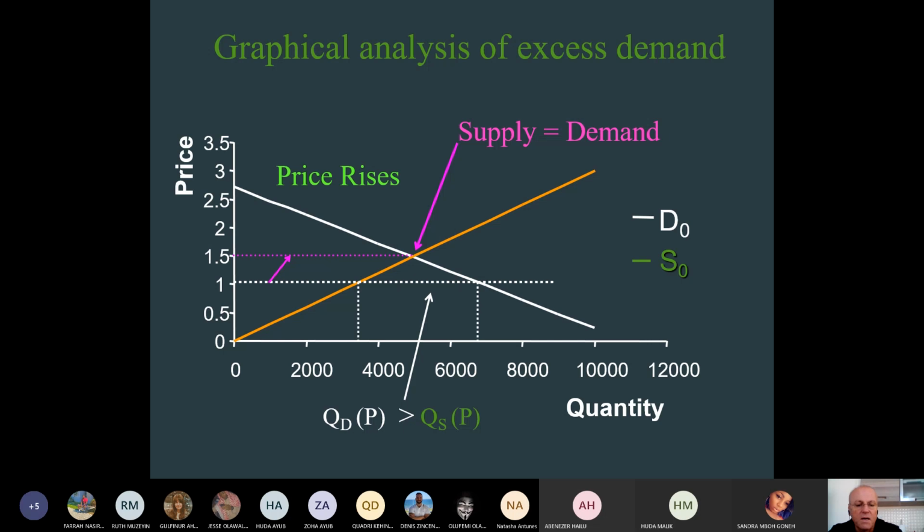Therefore, now we are observing excessive demand and lower production in the system. And this is not good for the economy. We are expecting the price to shift to a higher level if the production is not increased. Therefore, the price will shift to a higher level to reduce the desire of consumers to buy this product.